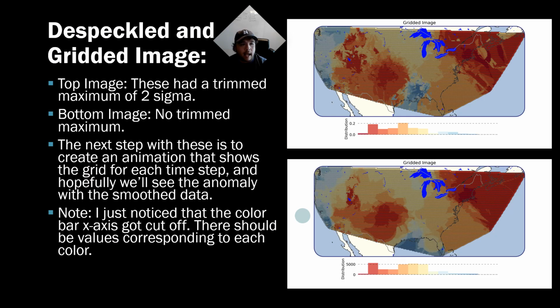Here it's despeckled and spatially correlated with 50% weighted median between stations, and this is more in line with what I want my final visualization to look like. So up here, I controlled a trimmed maximum between the stations at 2 sigma values. And here was no trim maximum. I used the entire extent of the filtering.